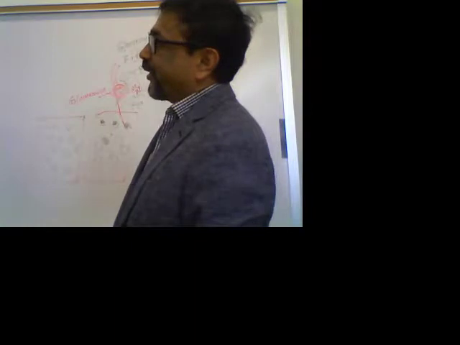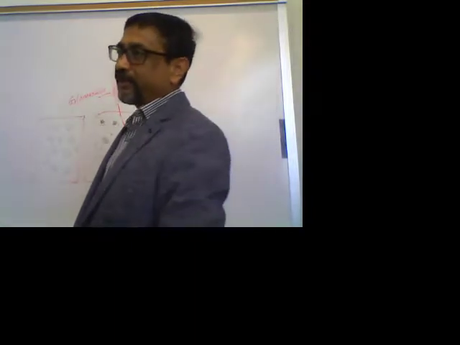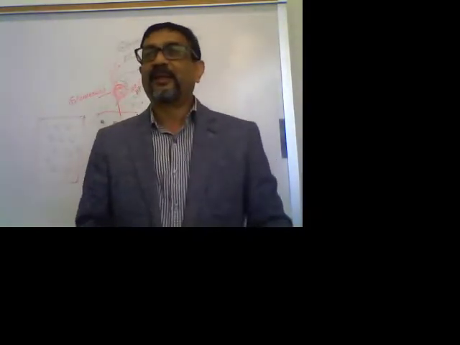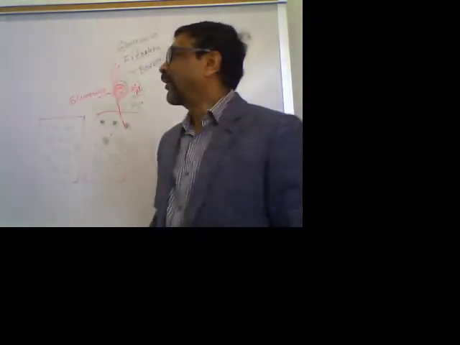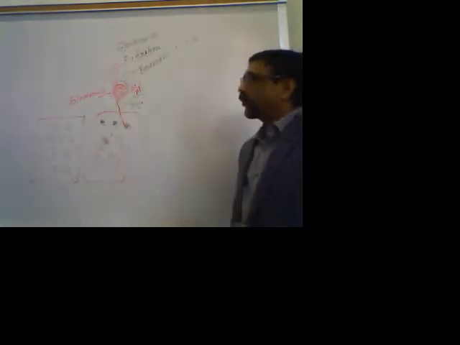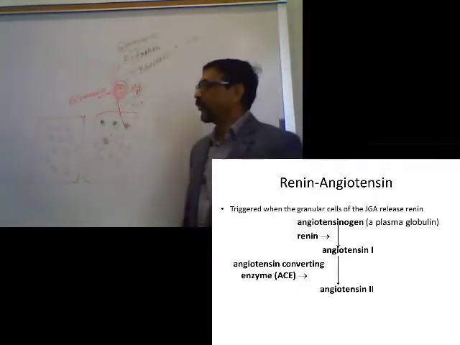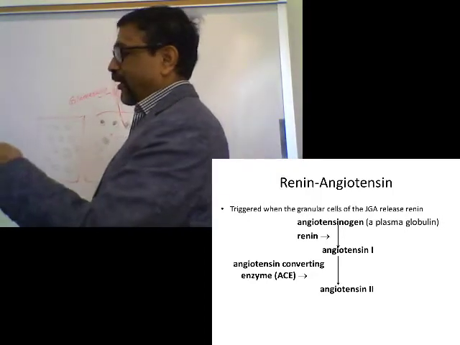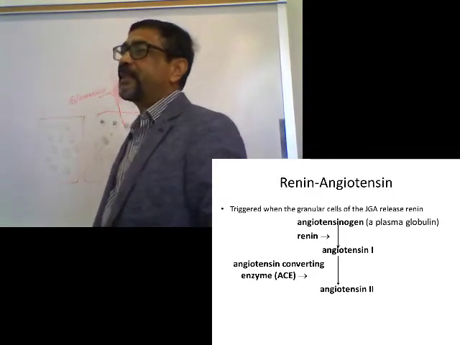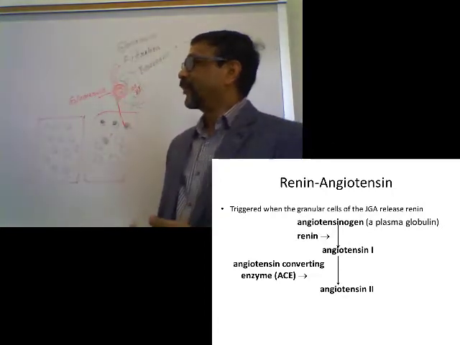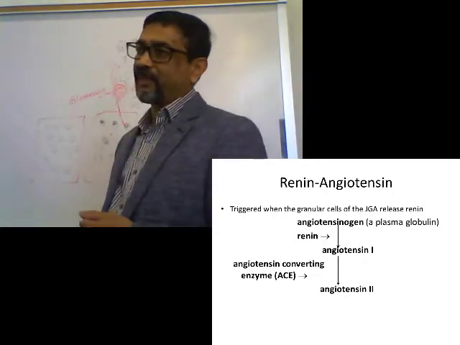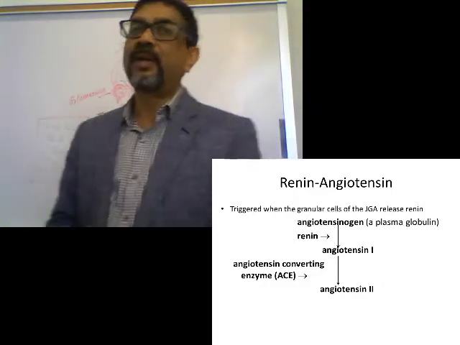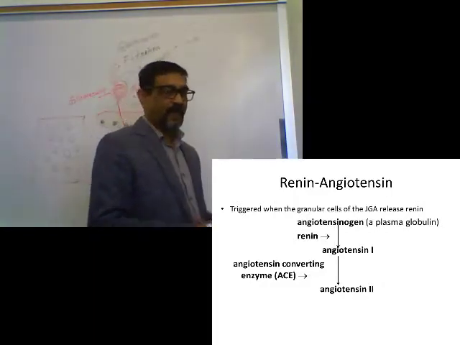And renin converts the angiotensinogen to angiotensin 1, and angiotensin 1 is then converted to angiotensin 2, the most active form, by an enzyme that is called ACE. Very simple, angiotensin converting enzyme, ACE. So that converts the angiotensin 1 to angiotensin 2.